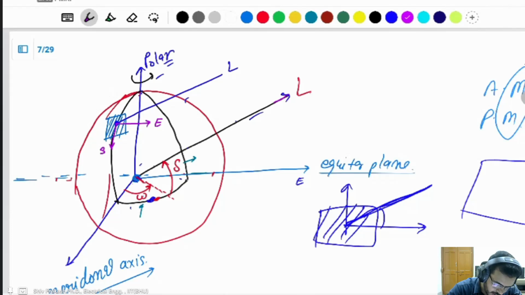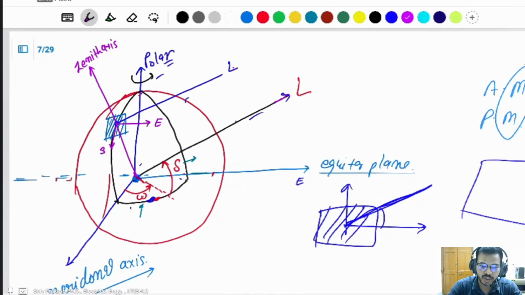An angle is measured from a line taken from the center of the Earth, and this is known as the zenith axis. If the sunlight is along the zenith axis, then the zenith angle will be 0.